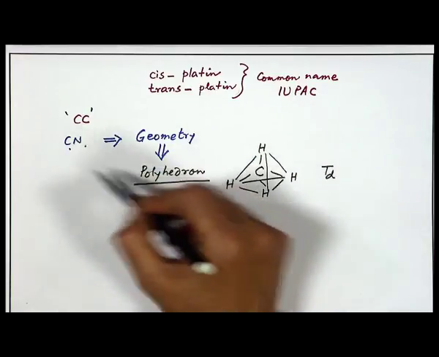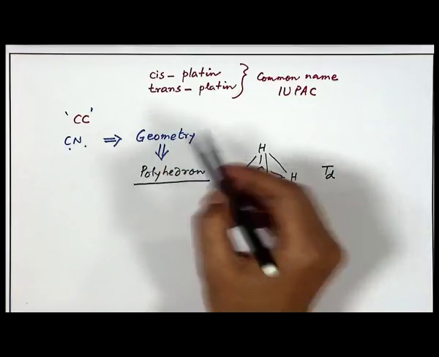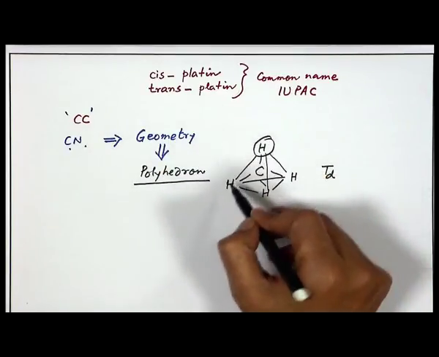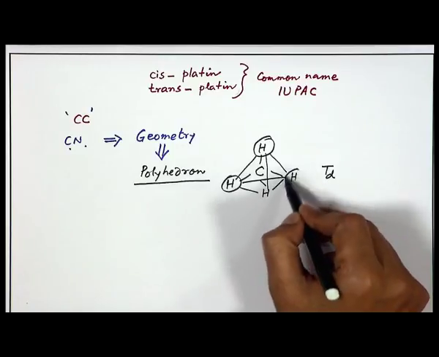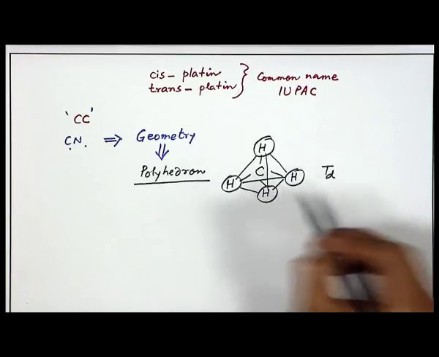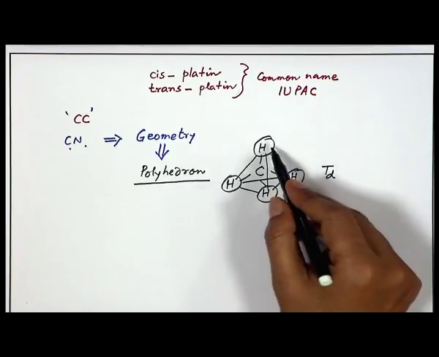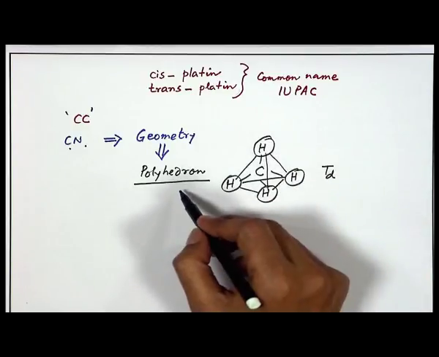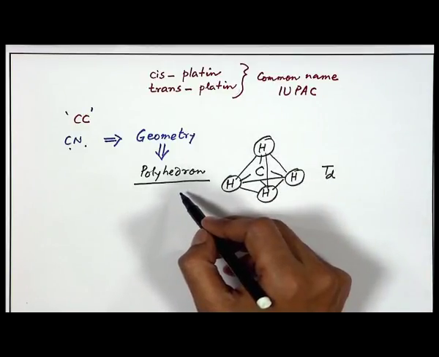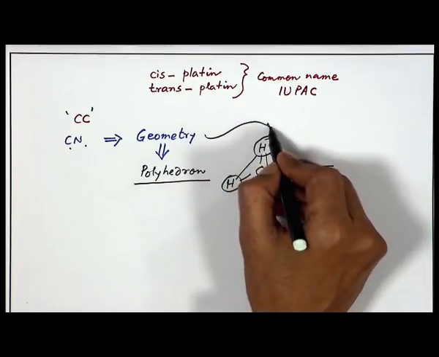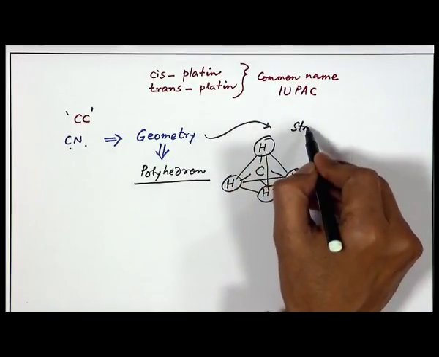So, once the particular coordination geometry is known, that means the number of atoms surrounding the central part, if it is 4, we can have a particular polyhedral arrangement for this. So, this geometry is therefore related to the structure.